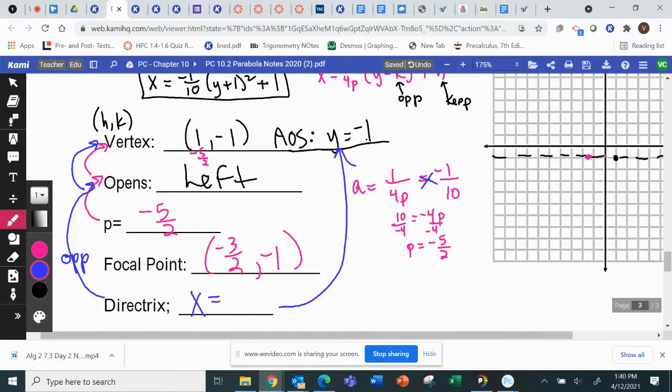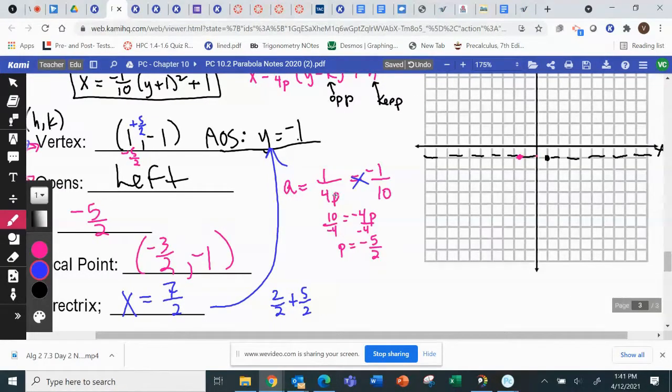We are still changing the x value, but we will be adding 5/2. So 1 is 2/2 plus 5/2 is 7/2. Or you could go plot it and find out that it's at 3.5. And then write the directrix from your graph.